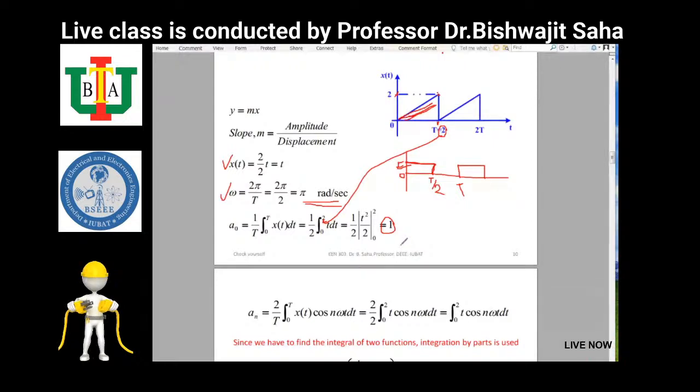Yes, sir. So if I give you a maximum value of 5, what would be the DC value? Can you guess?